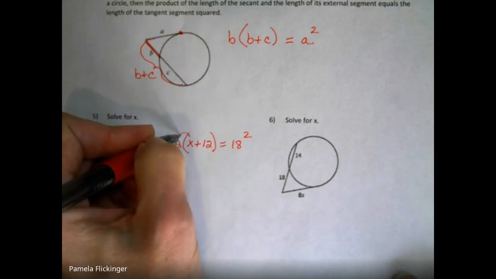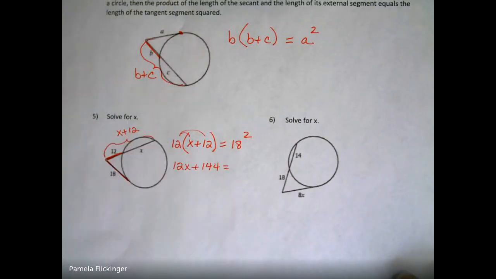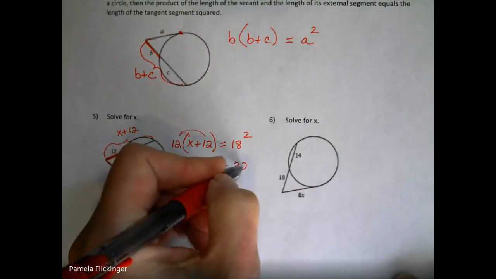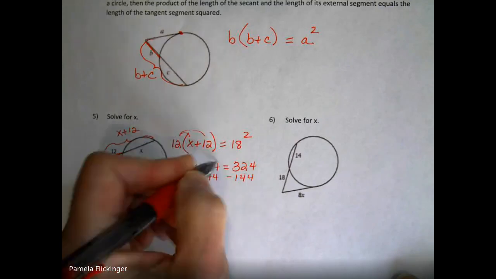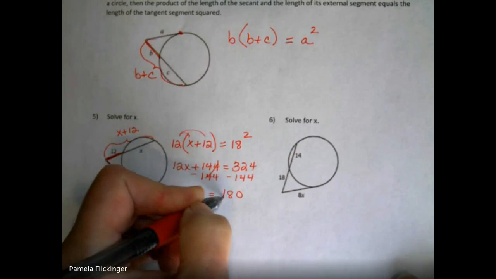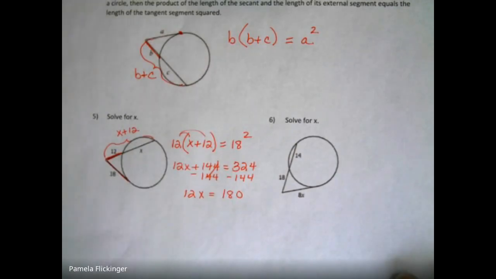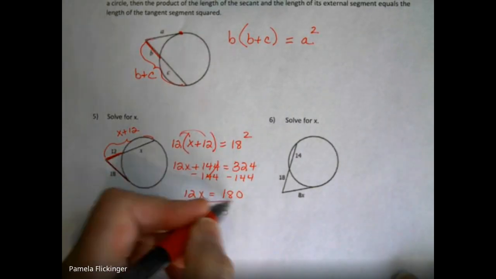So we'll distribute, and we get 12x plus 144 equals 18 squared, which is 324. So we subtract the 144, and we get 180, and then divide 180 by 12, and we get 15. Solve for x, so we're done.